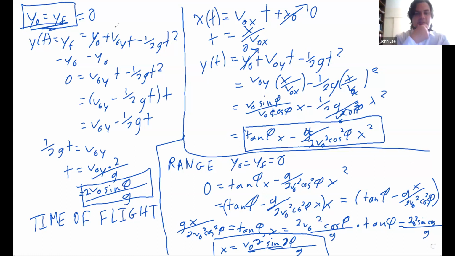Okay, so hopefully that wasn't too confusing. This is a useful thing to know, especially if you're doing projectile motion. And it just looks a little crowded in this, but that's how it goes.